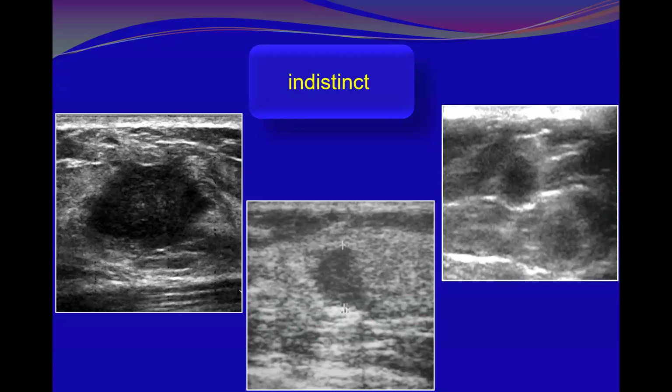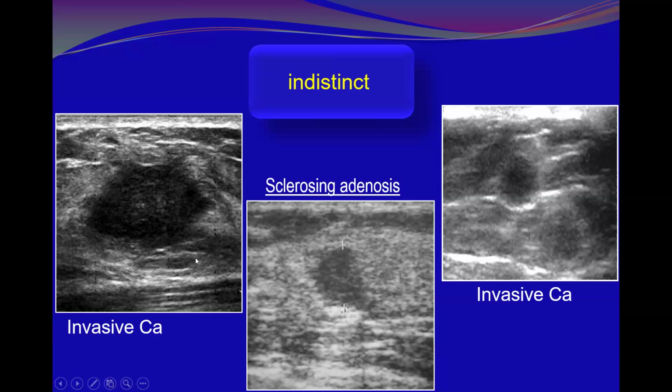The descriptor for the margin here is indistinct. There is no abrupt transition between the mass and the margins. Both of these are invasive cancer, both are my cases.